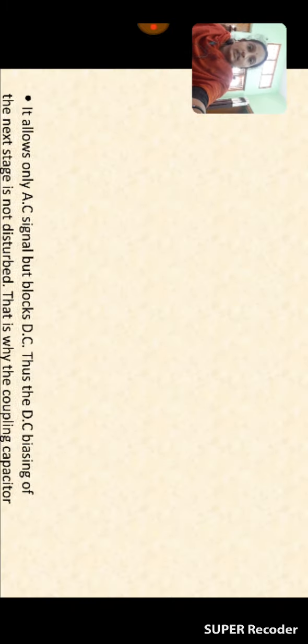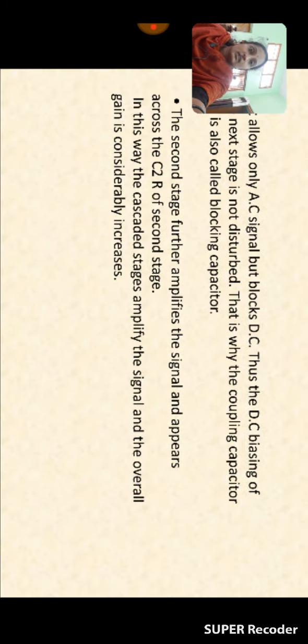It allows only the AC signal and blocks the DC signal. Which one? Input capacitor or coupling capacitor. So the DC biasing of the next stage is not disturbed. That's why the coupling capacitor is also called blocking capacitor.